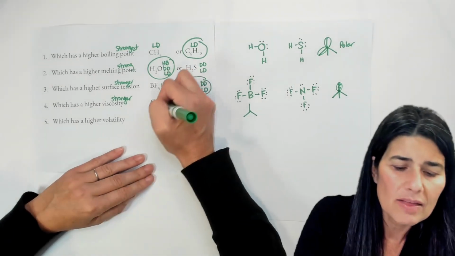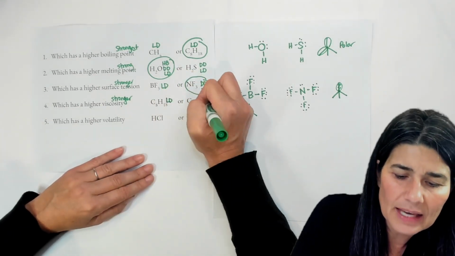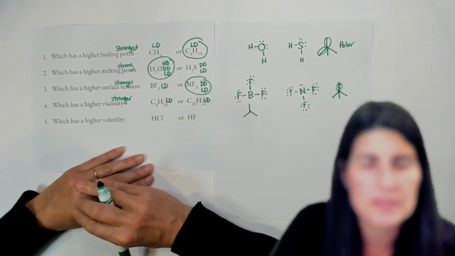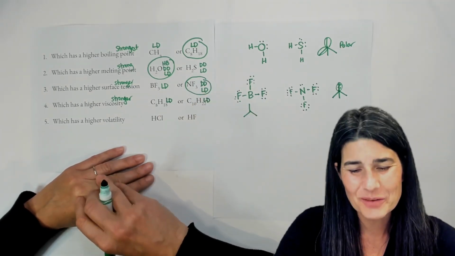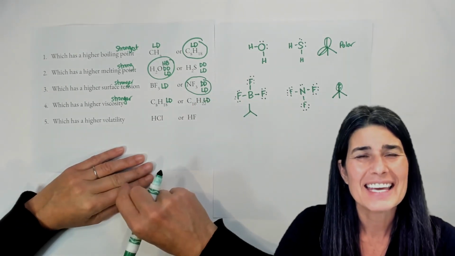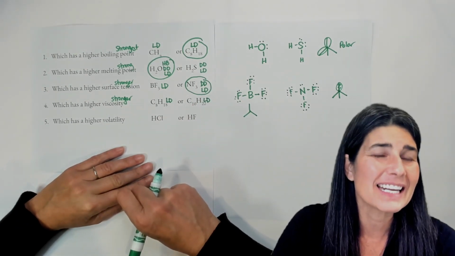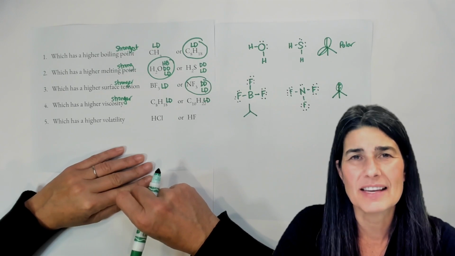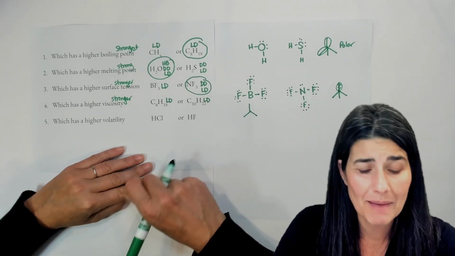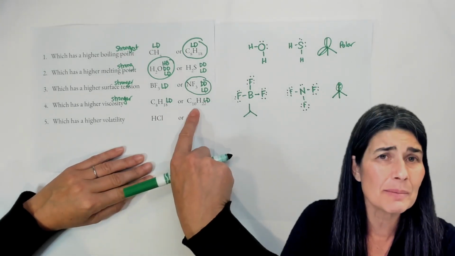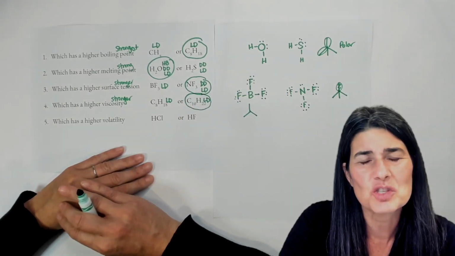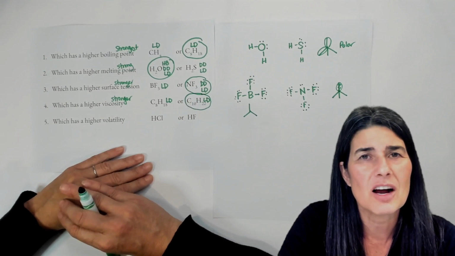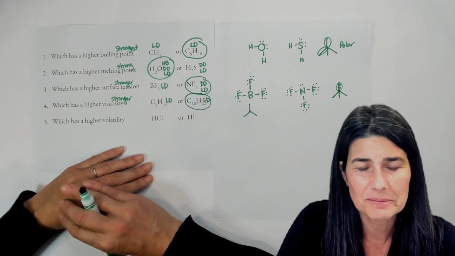Therefore, I know that both of these molecules only have London dispersion forces. So for this particular one, it looks like a tie. If it's a tiebreaker we need, look to mass. We can make London dispersion forces stronger with mass. 8 carbons, 10 carbons, 10 carbons wins. So C10H22 is going to be our one with the highest viscosity.